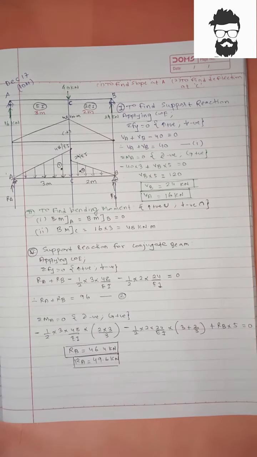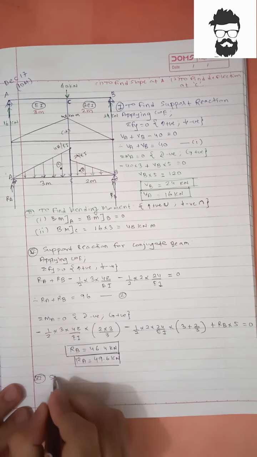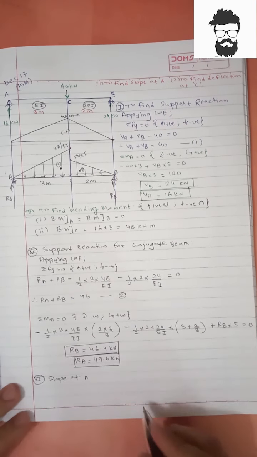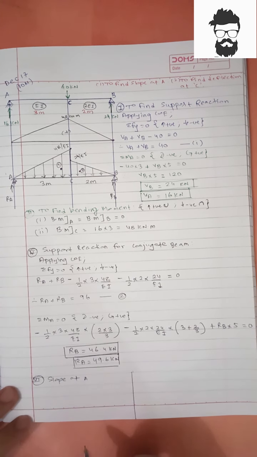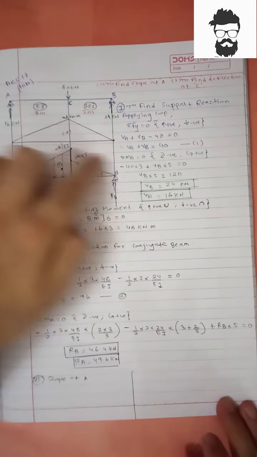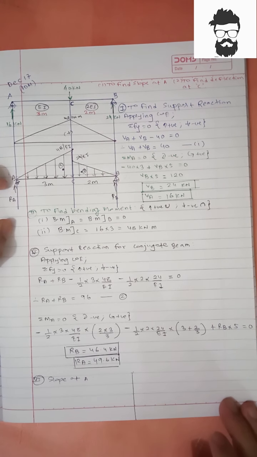Now our next step is to find slope at A. So to find slope at A, we should find shear force at A for this diagram, conjugate beam diagram. So shear force at A will be RA.